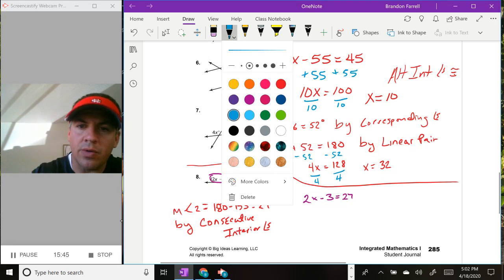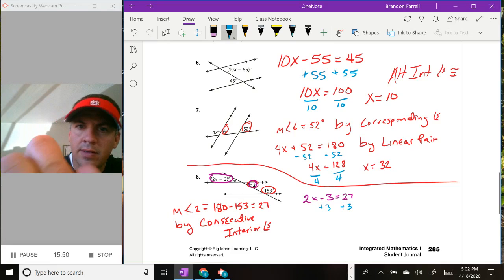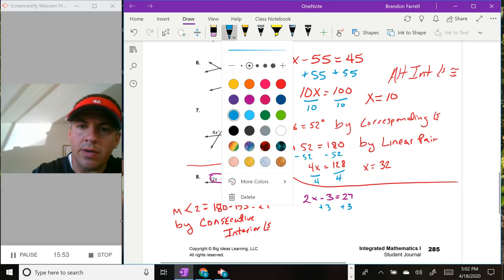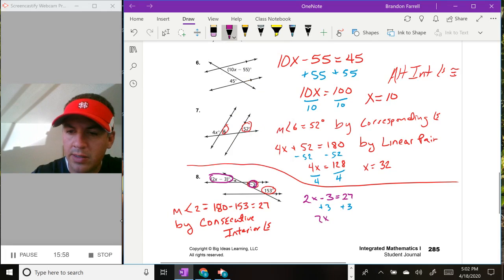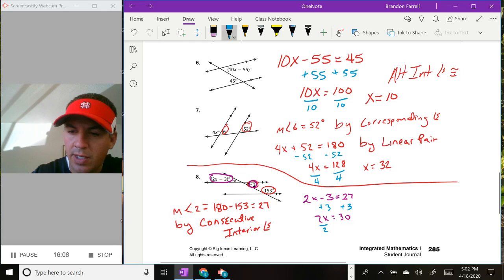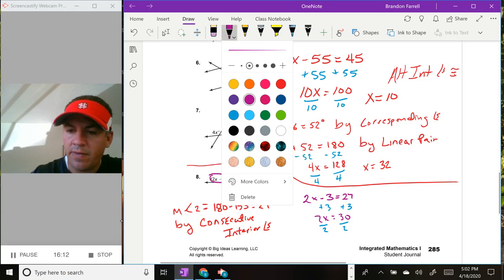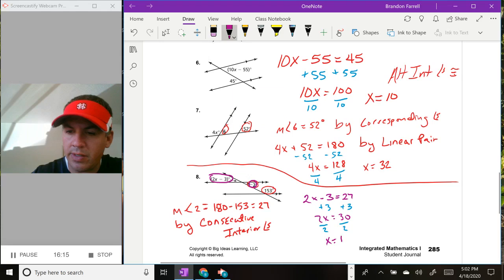Again, now we're going to go through the process of adding 3, giving us 2x is equal to 30. Divide by 2. I think we're probably being a little bit redundant here. We probably do know what times 2 is 30. However, we're going to first make sure that this is equal to 15. Okay, so this x value is equal to 15.